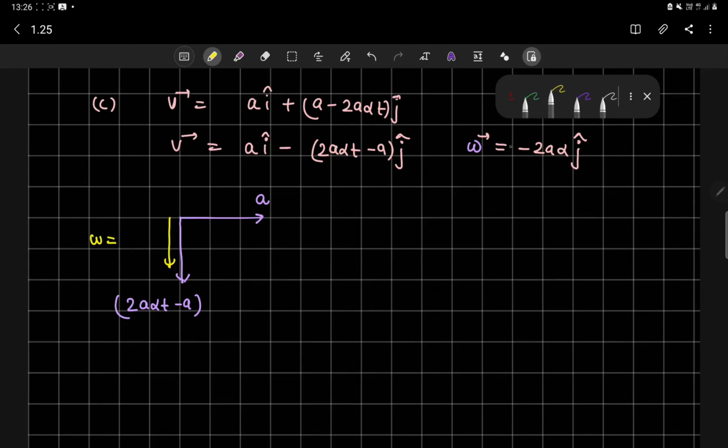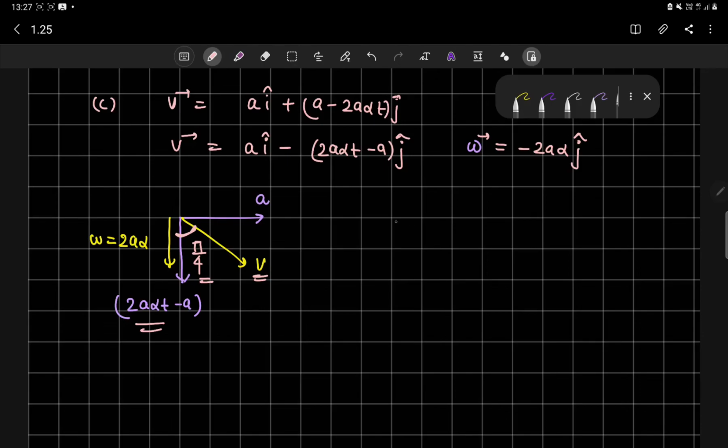The magnitude of this acceleration vector is 2a alpha, and it is in the negative y direction. Now this is representing the resultant velocity vector, and it is known that the angle between the velocity vector and the acceleration vector is pi by 4. Then we have to find the time instant at which this will occur. And this angle is also the angle between the resultant velocity and the y component velocity.